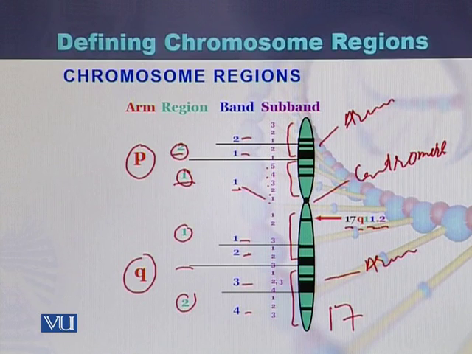So we will say 17 is for the chromosome, q is for the arm, that is the Q arm, and in 1.2, 1 is for the region, this one is for the band, and this 2 is for the sub-band. So in this way, we can identify where a gene is located.